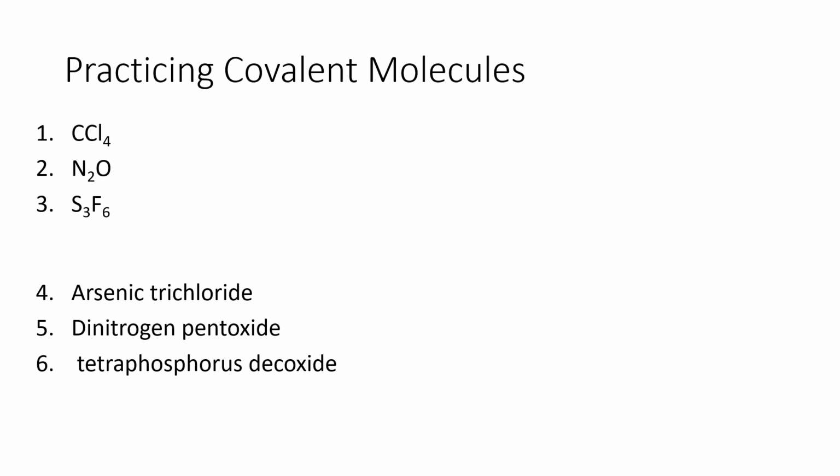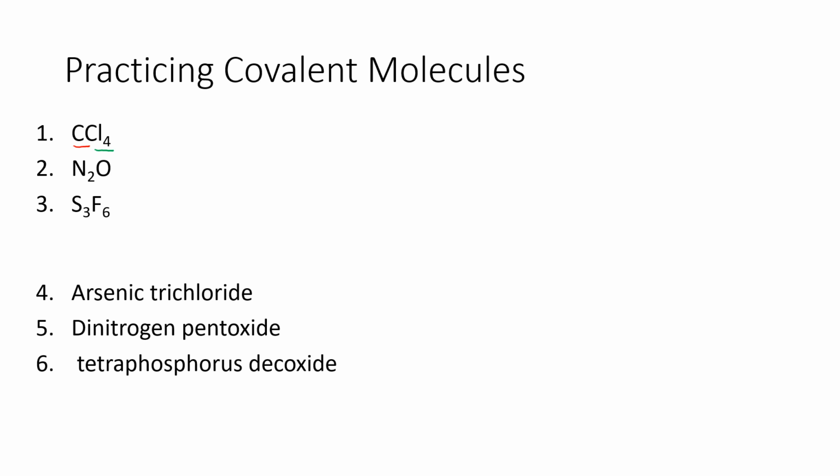So let's walk through these practice problems together, and then you'll be asked to do a couple on your own. Starting us off, looking at the first molecule here, we have CCl4. So we have 1 carbon, and we have 4 chlorines. And remember here, all we're doing is looking at the number of atoms.